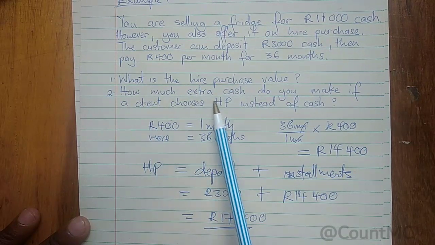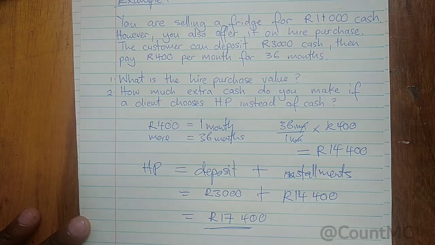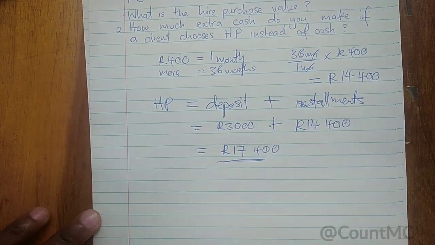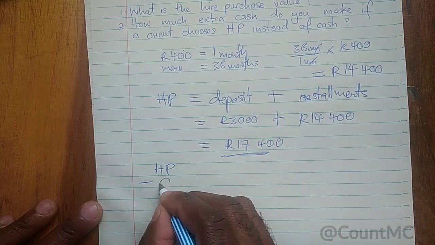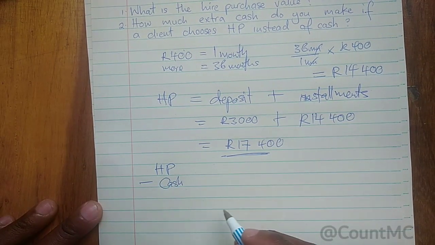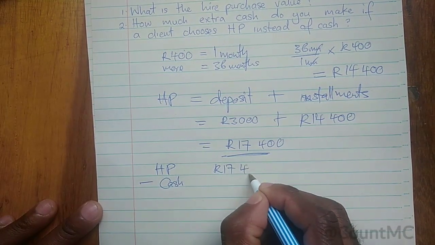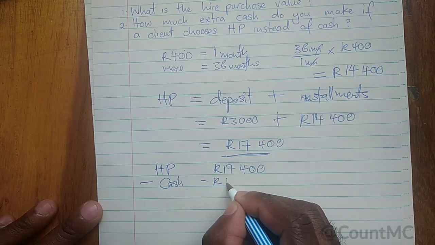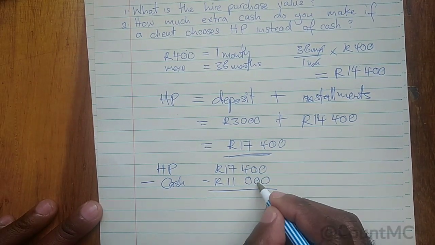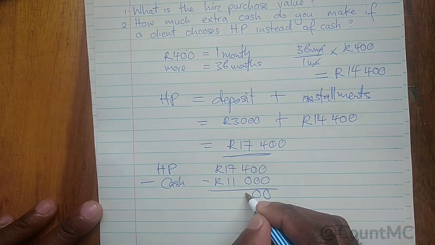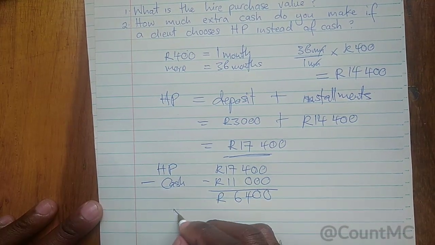Part 2. How much extra cash do you make if a client chooses hire purchase instead of cash? Okay, so our hire purchase minus the cash, you want to see how much money you make. 17,400 minus 11,000 rands. 0 minus 0, 0, 0 minus 0, 0, 4 minus 0, still 4, 7 minus 1, 6, 1 minus 1, 0.